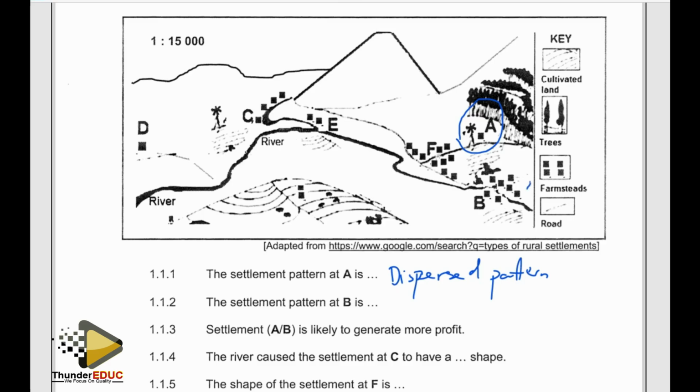Now we are analyzing B here. You see the difference between A and B. A is on its own, it's far away from other settlements, and the farmstead is just on its own. Here we have 1, 2, 3, 4, 5, 6, 7 farmsteads which are almost in the same periphery. They are almost within the same geographical space. So if we are to relate to the type of settlement again in terms of pattern, that is the clear opposite of what is happening at A here.